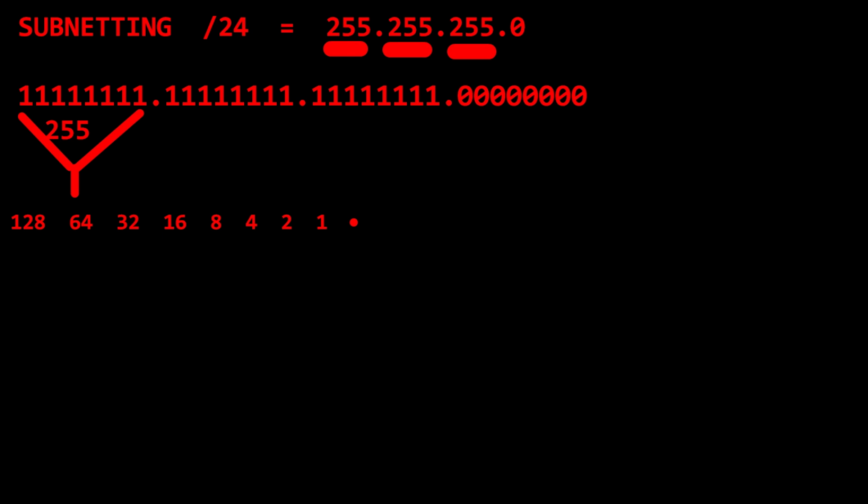If you add all of these numbers together, it equals 255. So this is the subnet mask 255.255.255.0, all written out in ones and zeros in binary.